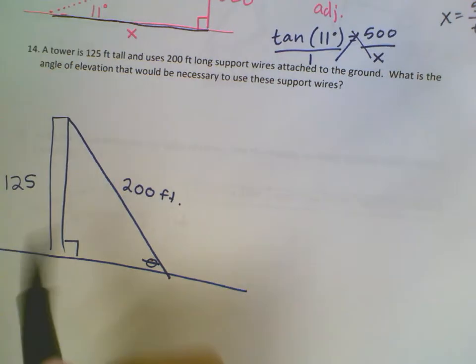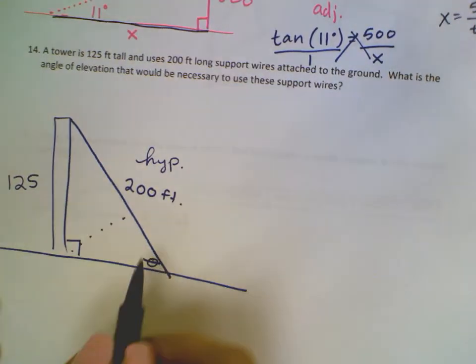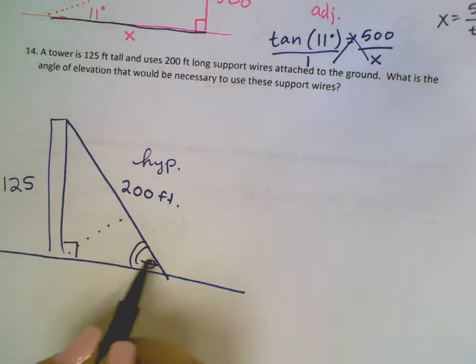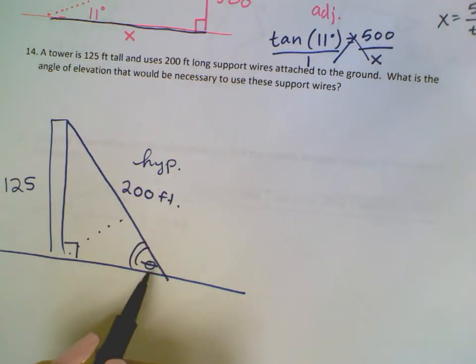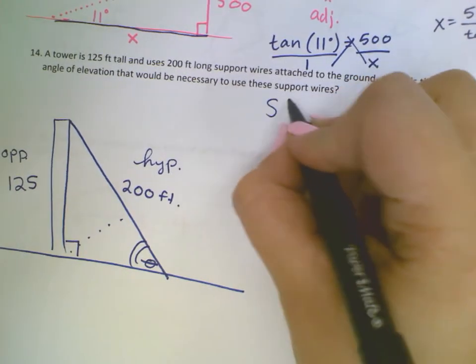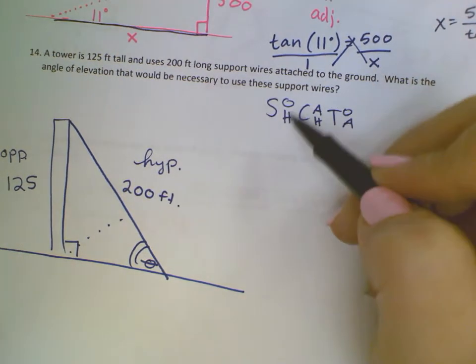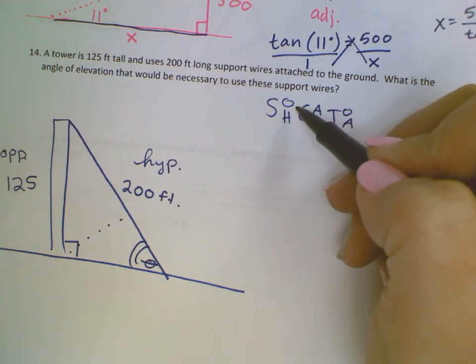The hypotenuse of my triangle will always be across from my right angle. Then if we're talking about the angle of elevation, that'll be from the ground up to the building. So this is the angle we're talking about, and across from that will be my opposite side. I'm going to be using my sine function because sine deals with opposite and hypotenuse.